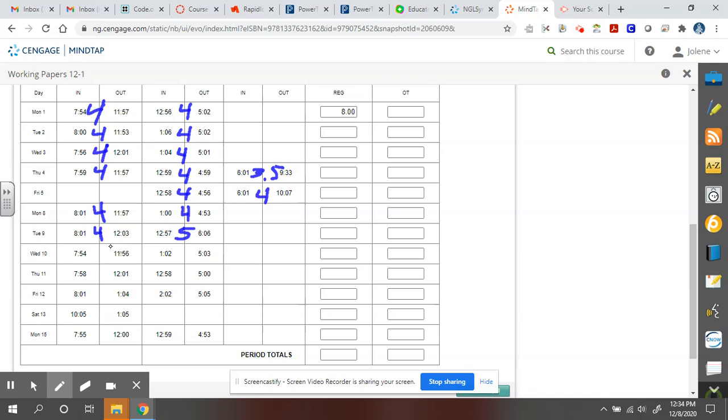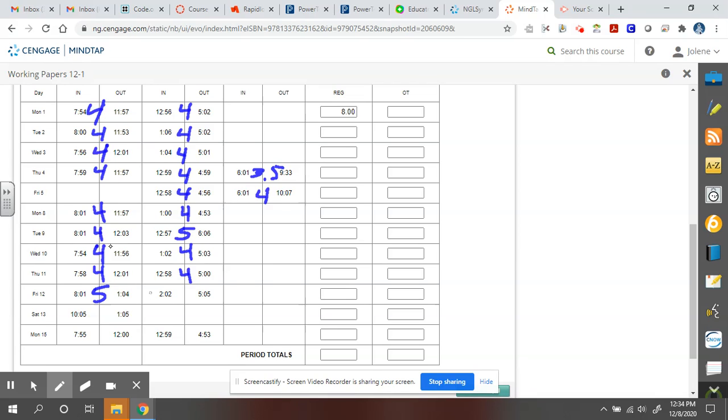Wednesday, she worked from 8 to noon, 8 to 12, and then 1 to 5. And then Thursday, she worked from 8 to 12, and from 1 to 5. Friday, she worked from 8 to 1. 8 to 1 is 5 hours.